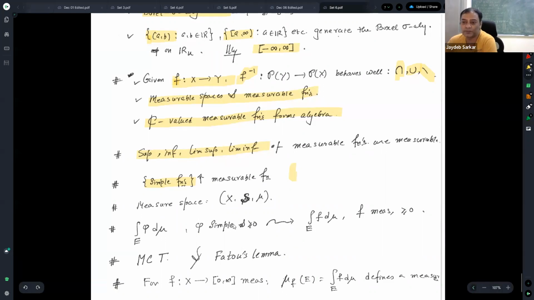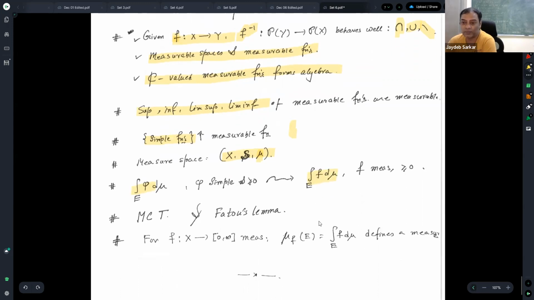Then we talked about measure space. So this triple, what we called a measure space, has a measure defined on the sigma algebra S. Then we defined the integration of simple functions, and from there we considered the supremum to define the integration of non-negative measurable functions, right?